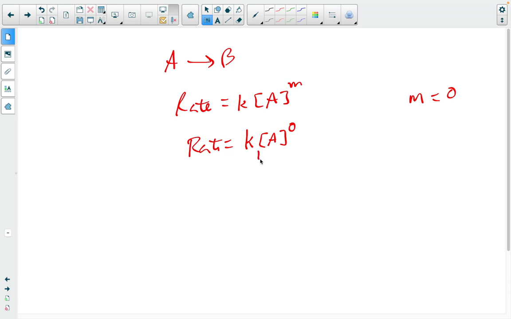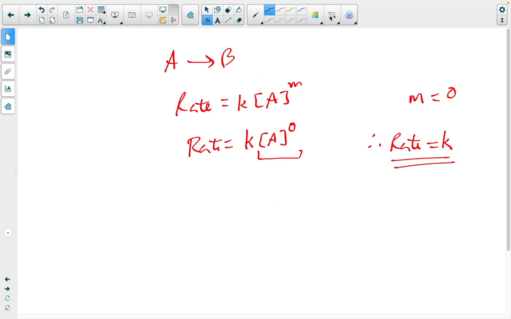Now, we already know that anything to the power of 0 is 1, and it doesn't matter what I do to the concentration of this reactant, my rate is just going to be equal to k, which essentially means that my rate is going to be constant. The rate's not going to change.